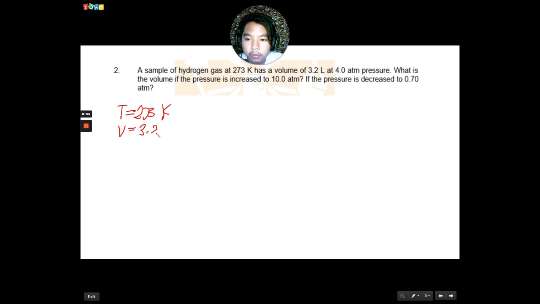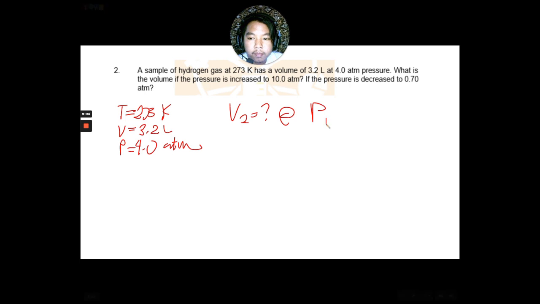We also have our pressure, which is 4.0 atm, and we are looking for the volume, if P2 is 10 atm.